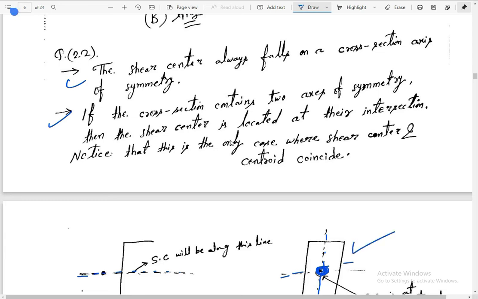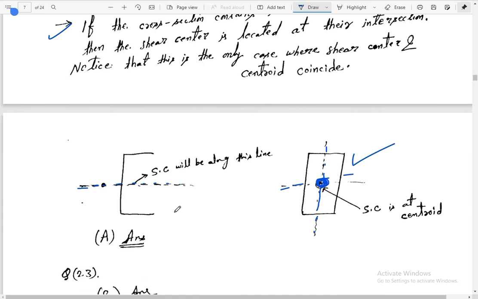If it is open, then the centroid and shear center will not coincide in the open channel. In the closed channel, the centroid and shear center coincide, but in the open channel the shear center is here and the centroid must be here, so they do not coincide.